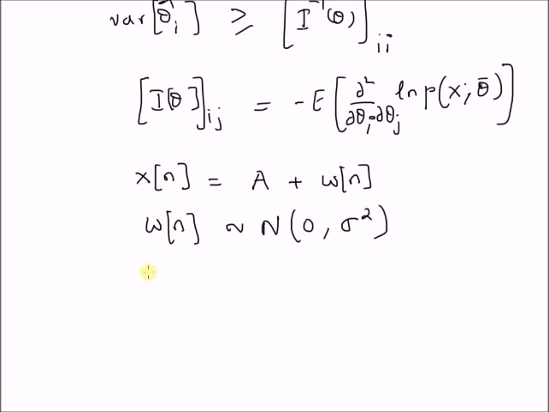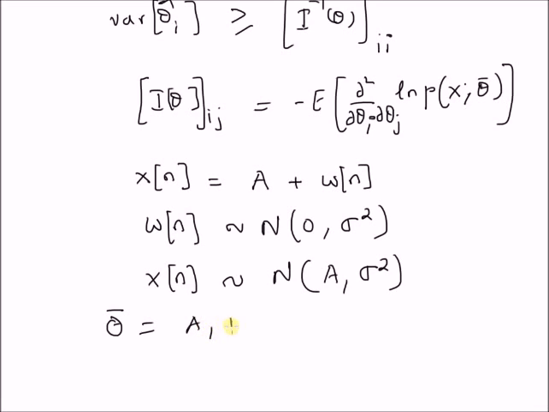As a result, the observation model x of n follows a normal distribution with mean equal to a and variance equal to sigma square. Now our parameter vector theta bar is given by the mean and variance of this distribution, that is a and sigma squared. So basically we assume that the parameters a and sigma square are unknown and we want to estimate them.